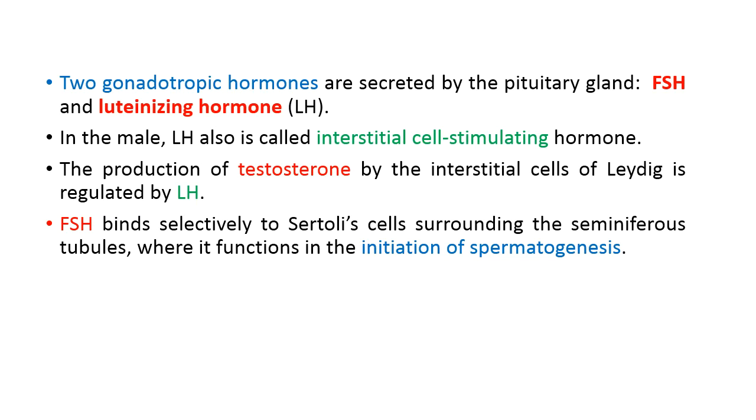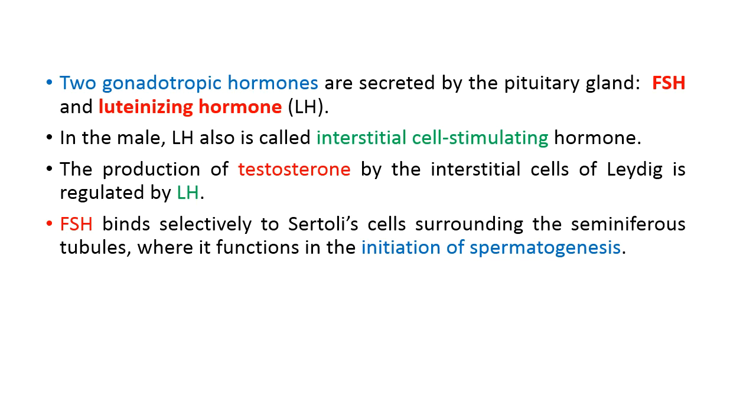So it is called the interstitial cell stimulating hormone. While follicle stimulating hormone binds selectively to Sertoli cells surrounding the seminiferous tubules, where it functions in the initiation of spermatogenesis. These are very important to be put in mind.